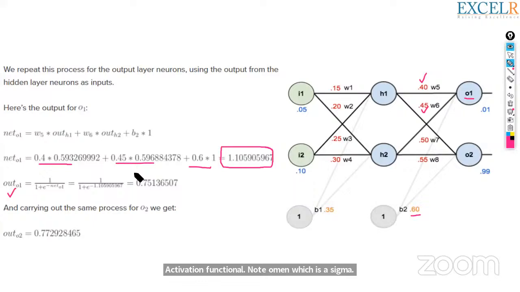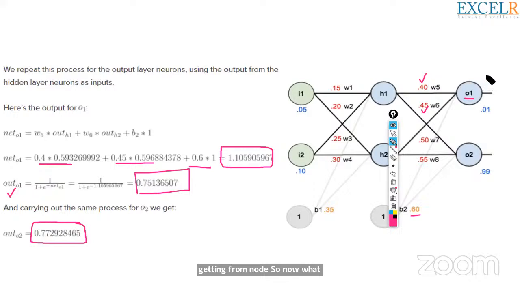So this is the final output we are getting from node O1. And similarly, this is the final output we are getting from node O2. So the final output is 0.7513, and for node O2 0.7729.